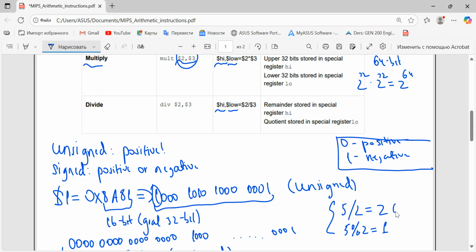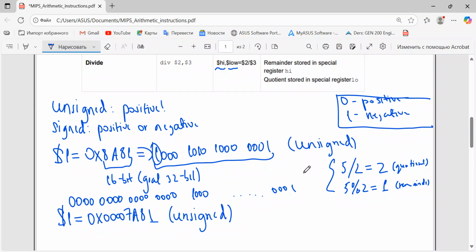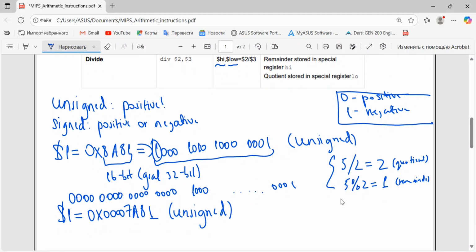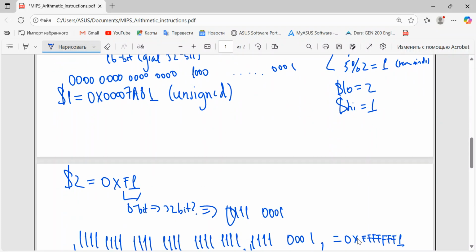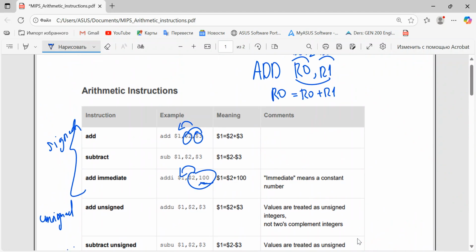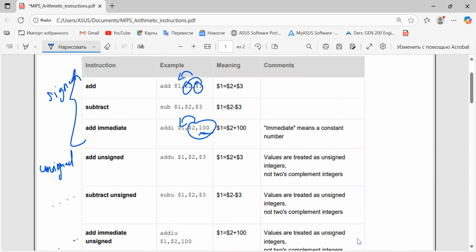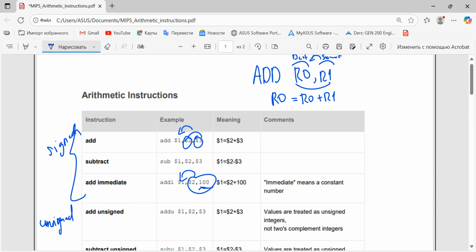So this one is the quotient, this one is the remainder. If we do this operation, 5 over 2, the low is going to be 2, and then $high is going to be 1. So that's how it works. Thank you for your attention.